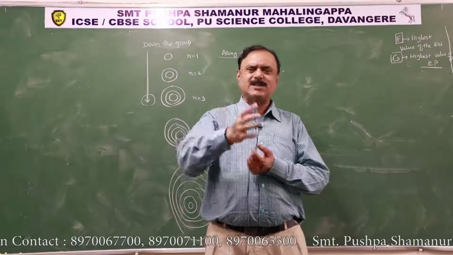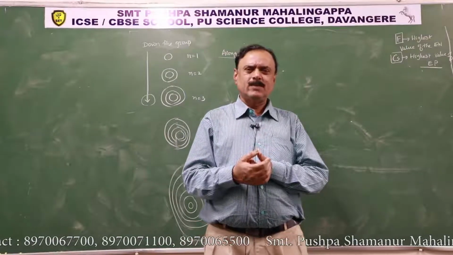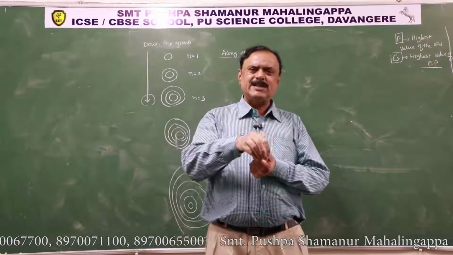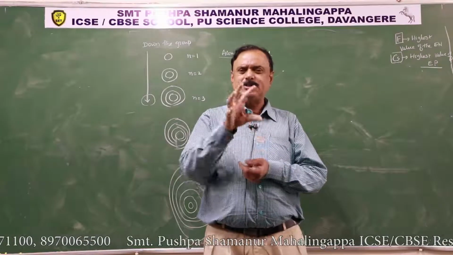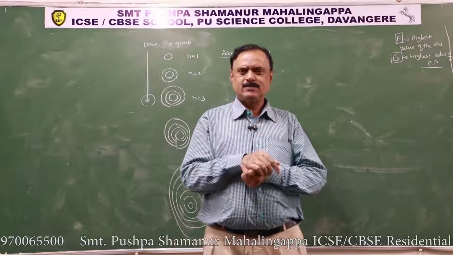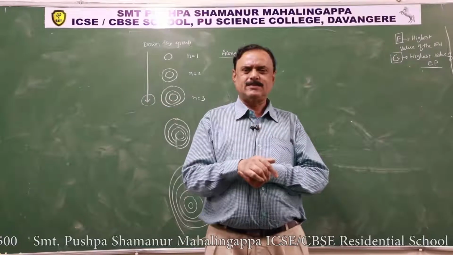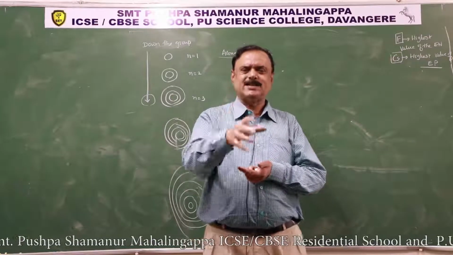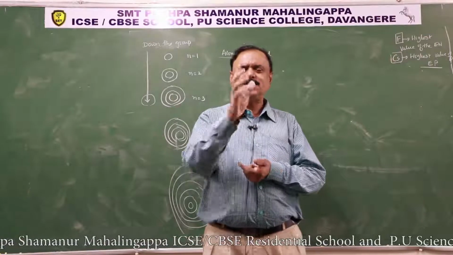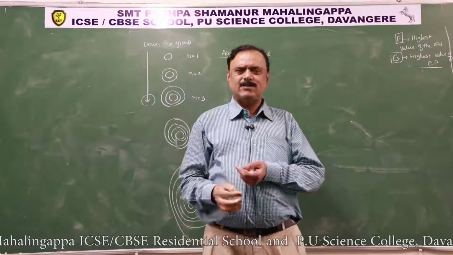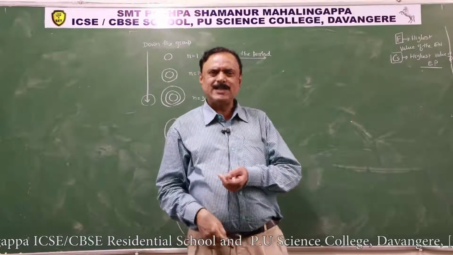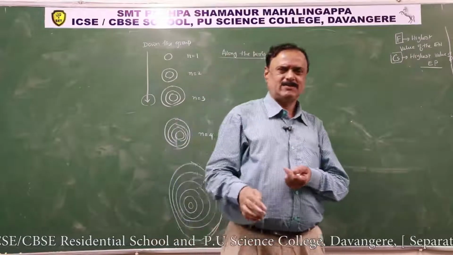When the number of shells increases by 1 unit, in the center we have the nucleus where positive charge is concentrated. Protons are concentrated there, the whole mass and density is concentrated. Whereas in the last atomic orbital, the valence electron is present, which is negatively charged.